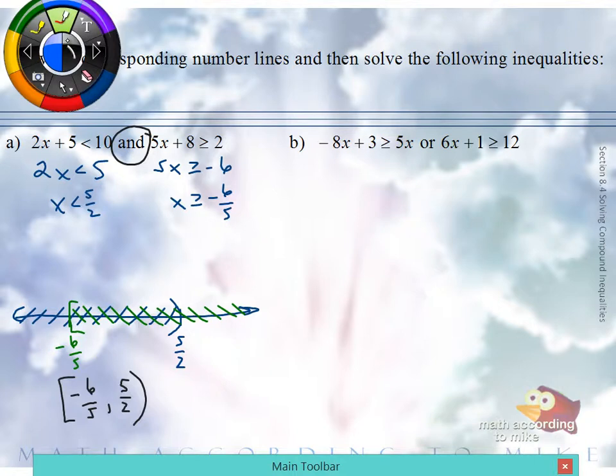If you would, solve the individual inequalities. Draw your number lines. I'll give you a hint. Go from there.